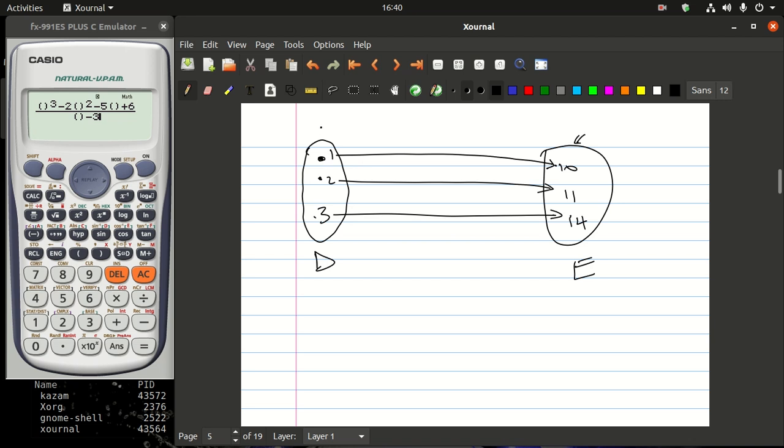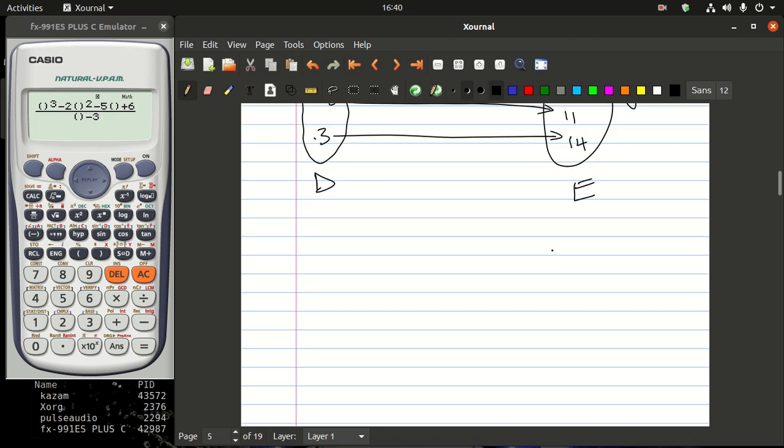So we have taken one element here to one element there. So this is a 1-to-1 relation, and a 1-to-1 relation is a function.